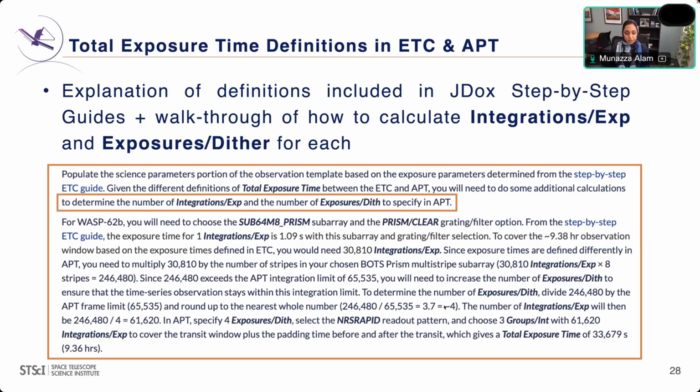So you need 4 exposures per dither. And then you can divide the number of integrations by the number of exposures to get the number of integrations per exposure. So that's 61,620. And so if you put these numbers into APT, your total exposure time should be roughly 9.4 hours, which is matching what you wanted in ETC.